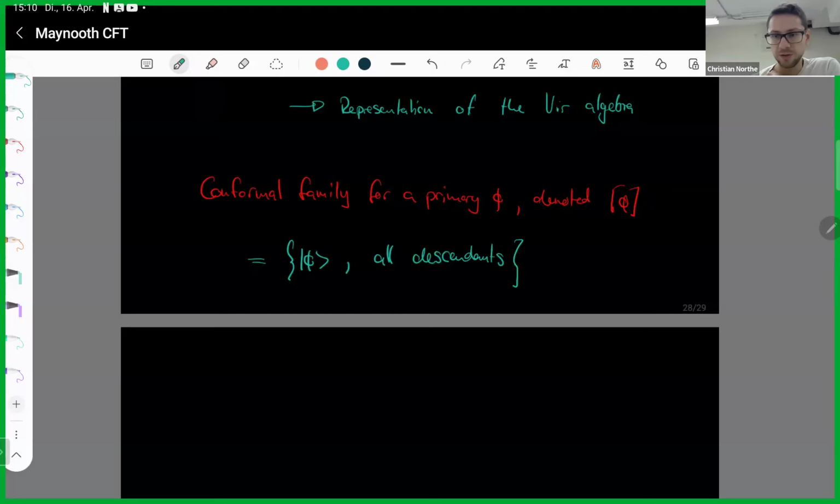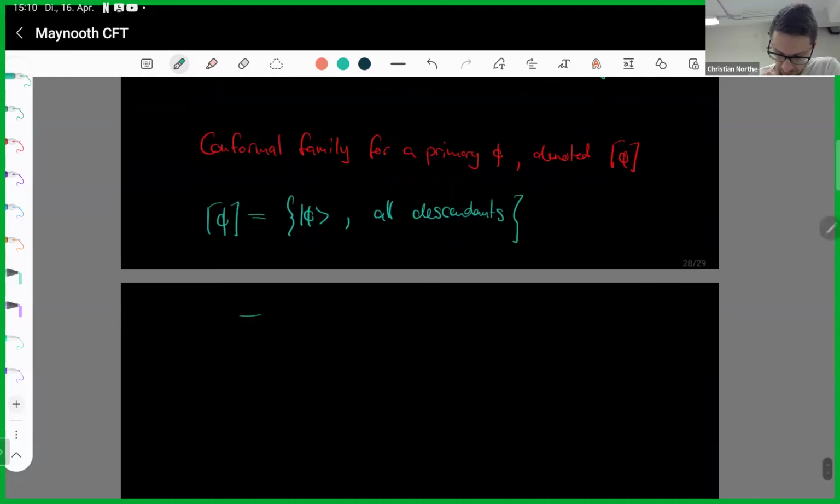So this is the conformal family for the field phi. Okay, and these things form a unit. They form one representation of the Virasoro algebra.